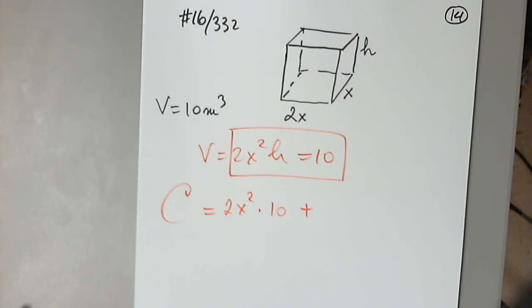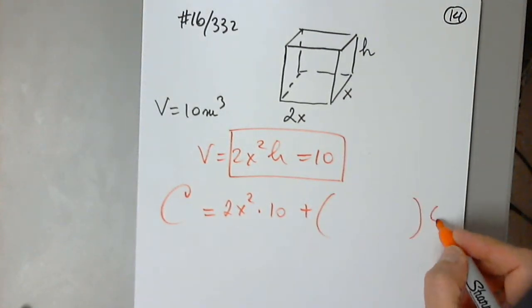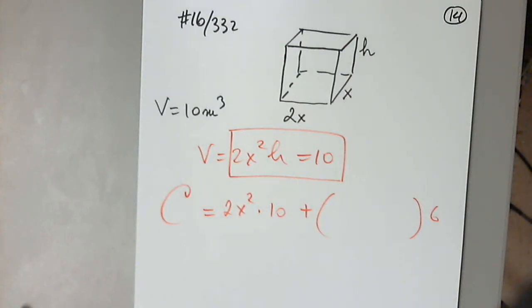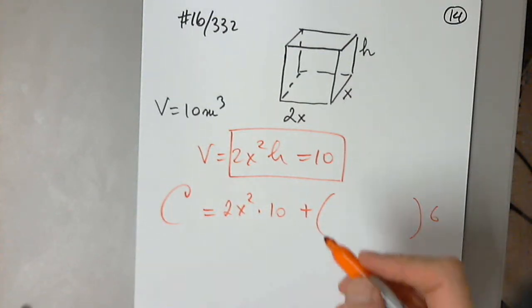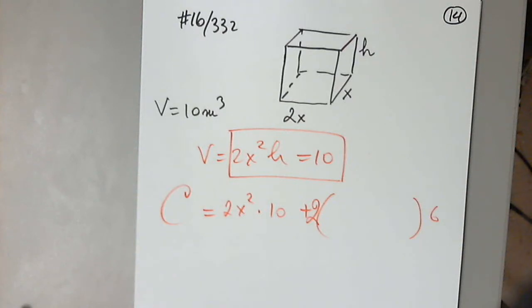We have two sets of identical sides. One side is 2x times h times 2 because they're identical, and the other side is x times h times 2. And they all cost 6. And also 2, because there are two pieces identical.